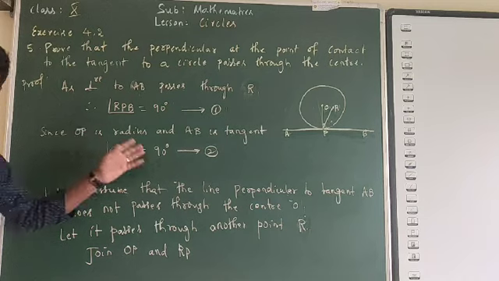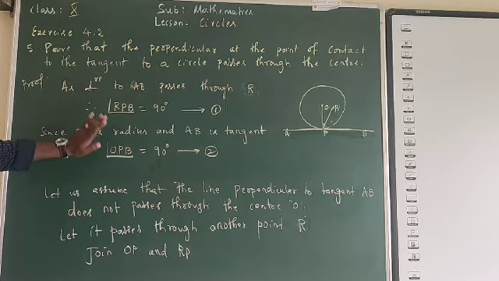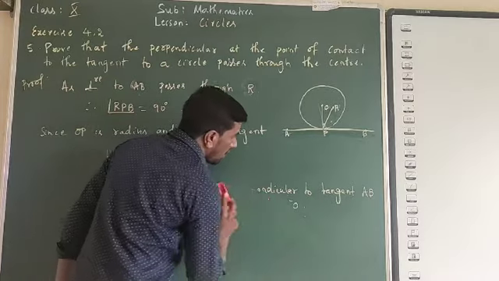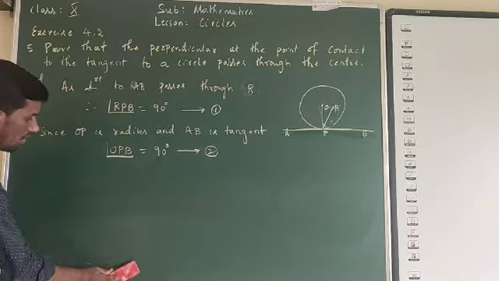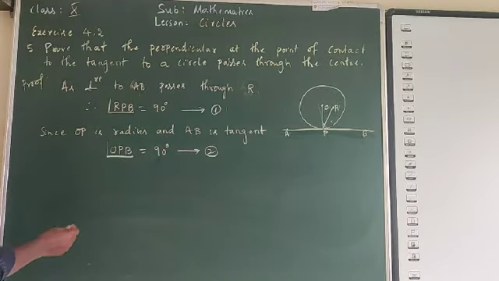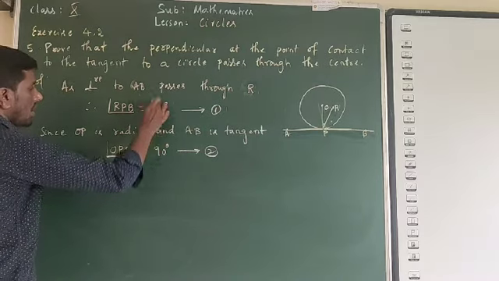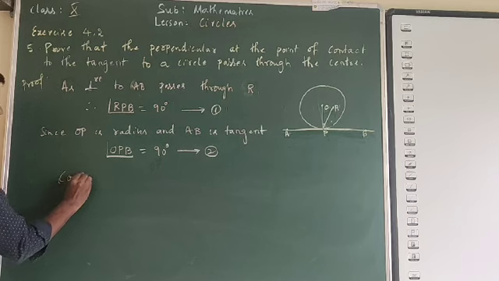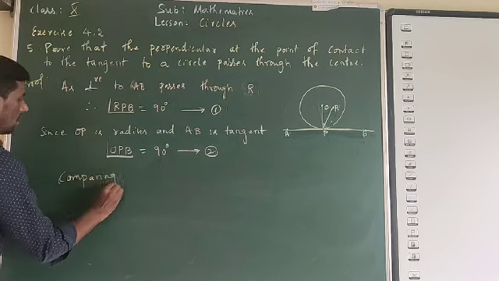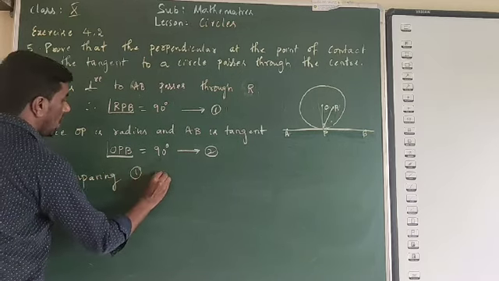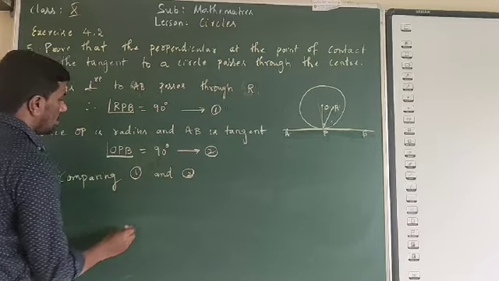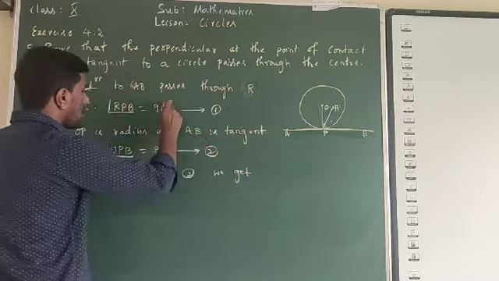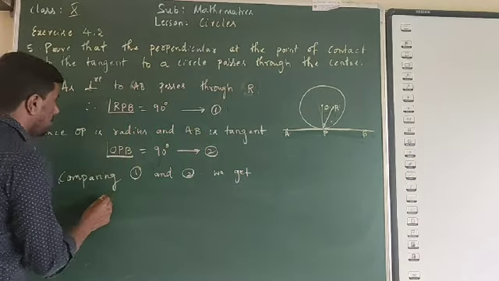Clear? Now we will compare equations 1 and 2, because on the RHS we have 90 degrees and 90 degrees. Comparing equations 1 and 2, since the RHS are equal, the LHS must be equal.